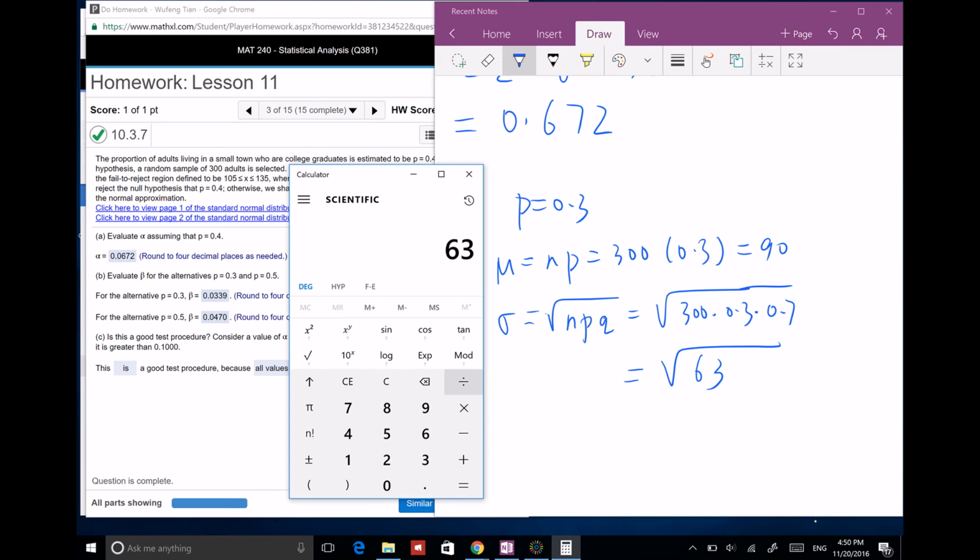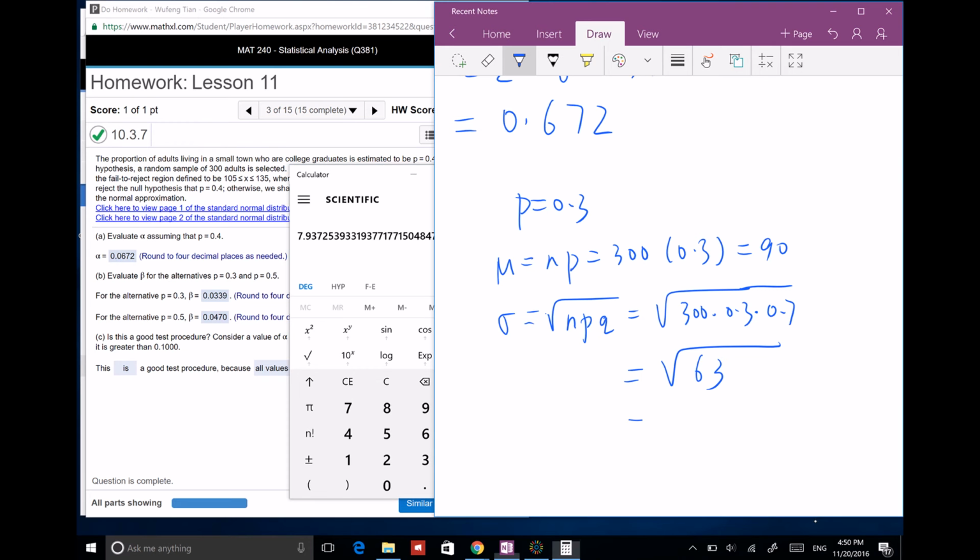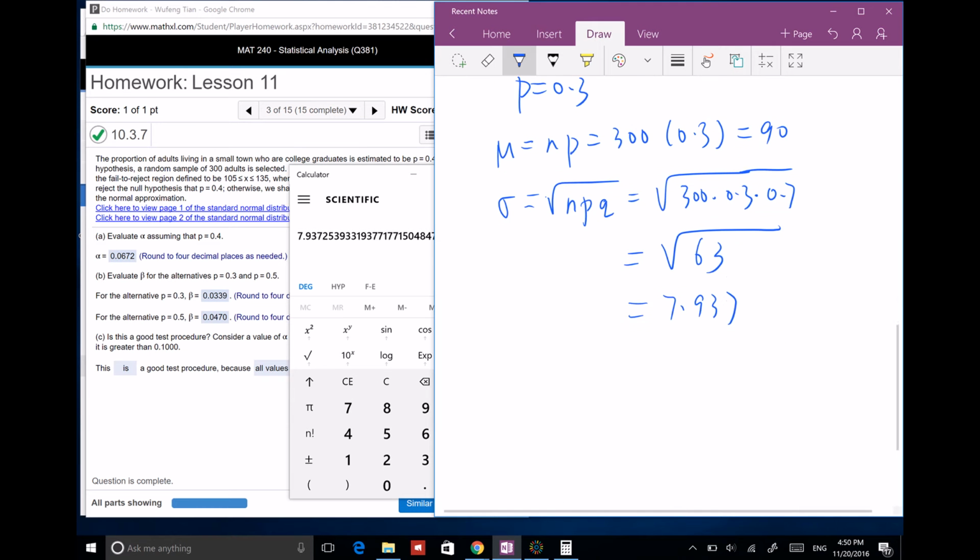The square root of 63 is 7.937. So you have to do a new thing, which is the probability of z less than, for 135.